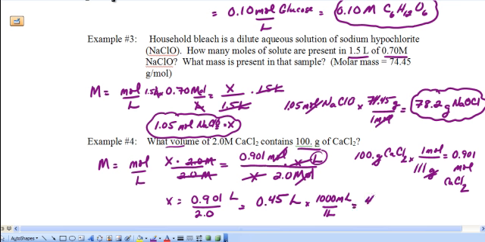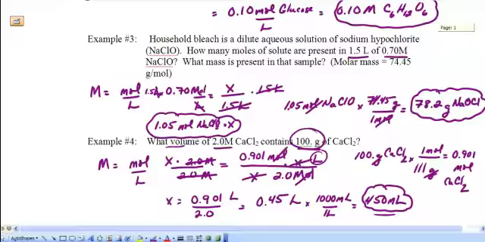So we have 450 milliliters. So this means that 450 milliliters of 2 molar calcium chloride will contain 100 grams of calcium chloride. So those are 4 examples that we have to show you different types of questions that we can ask regarding using that equation. Molarity equals moles over liters.